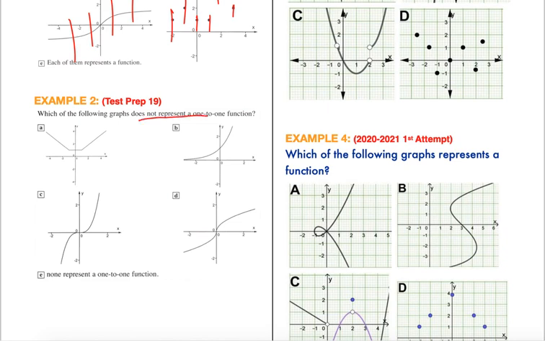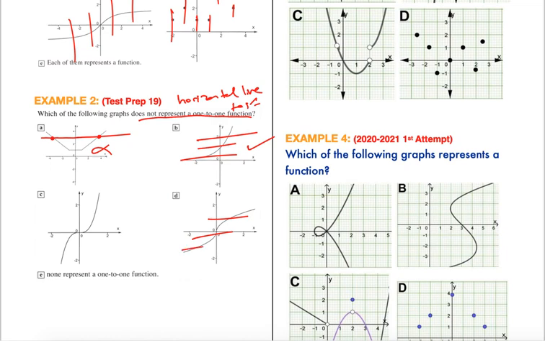In order to check whether the function is one-to-one or not, we should use the horizontal line test. When you put a horizontal line, it intersects the graph twice. So that doesn't represent a one-to-one function. Here, once, once, once. So no matter where you put the horizontal line, it passes through the graph at most once. So it's a one-to-one function.